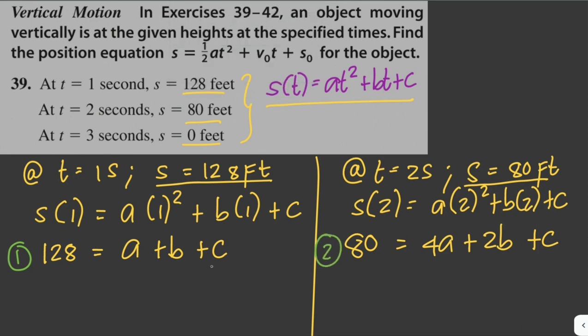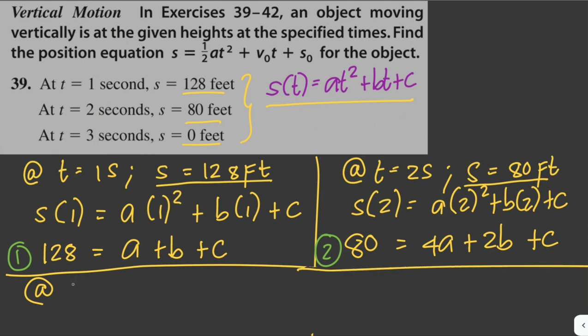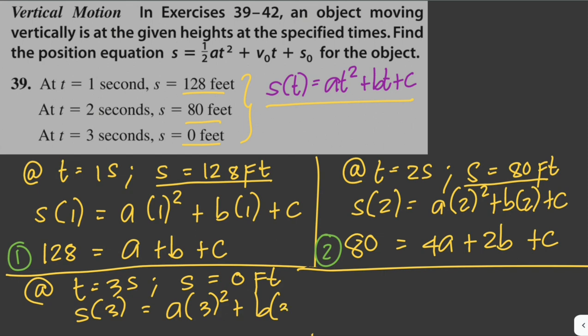We have three unknowns a, b, and c, therefore we need three equations. And then at t equals 3 seconds, and a height of 0 feet, our s of 3 equals a times 3 squared plus b times 3 plus c, and this is just 0 equals 9a plus 3b plus c.